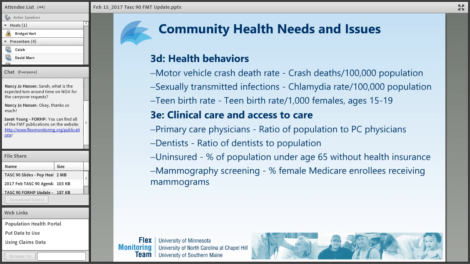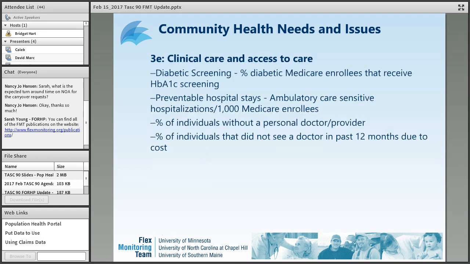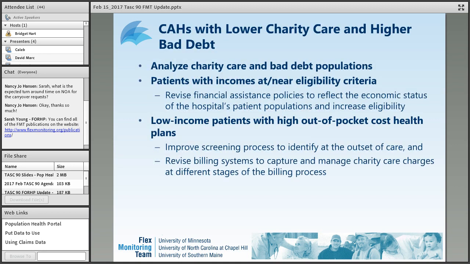Other health behaviors: motor vehicle crash rates, we know that's a big problem in rural communities, STDs, teen birth rates, and then we have some measures of access to care. So primary care physician population ratios, dentistry, what percentage of the population under 65 is uninsured, to what extent are women Medicare enrollees receiving mammograms, diabetic screening, the percent of diabetic Medicare enrollees that receive HbA1cs.